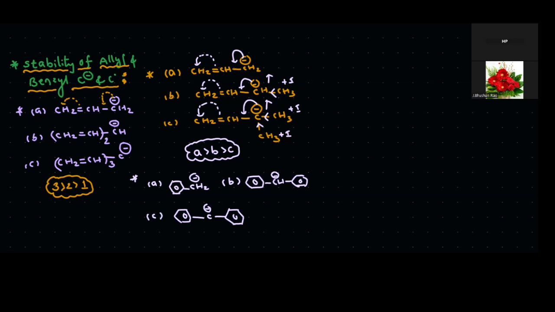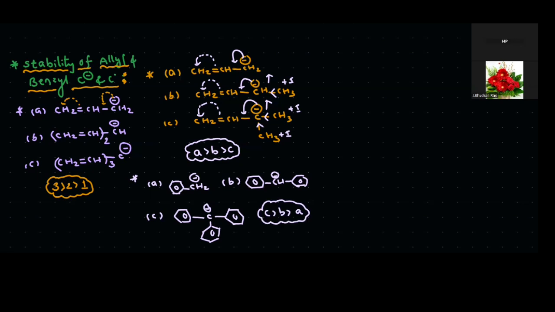Three groups. In these three conditions, resonance is more in the third case. Why? Because three groups are attached to the carbanion, which donates electrons to three benzene rings. Now tertiary is more than secondary, so the order is C greater than B, and B greater than A. This is the stability order of carbanions attached to benzyl groups.